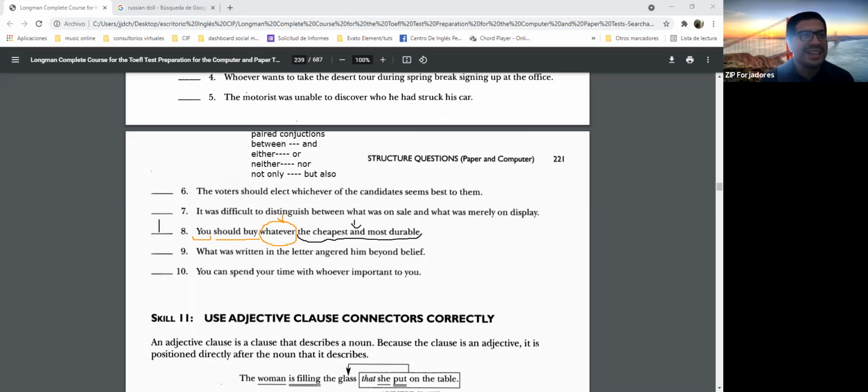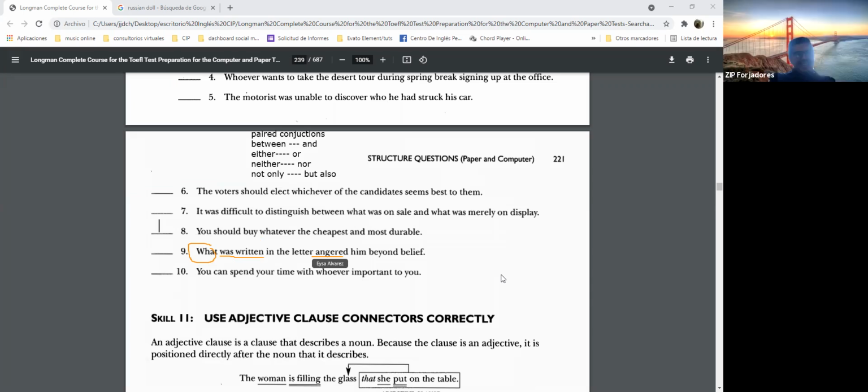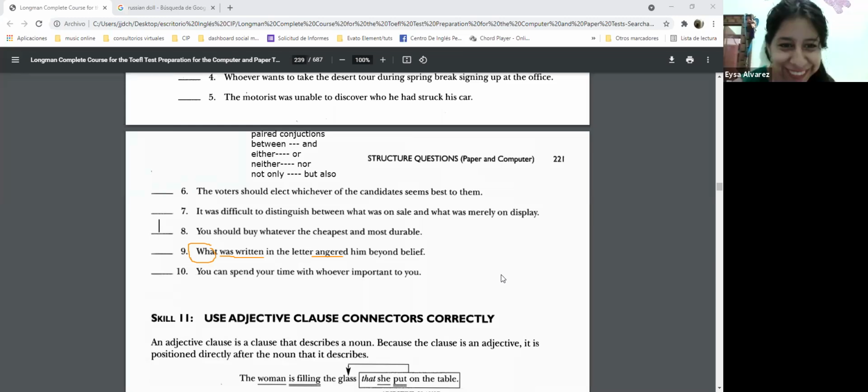Very good, excellent. Let's go with number 9. Okay, we start with what? We need to find the verb. "Injured", I'm not sure if this is an action. Yes, it's an action, "injured", with -ed, past.